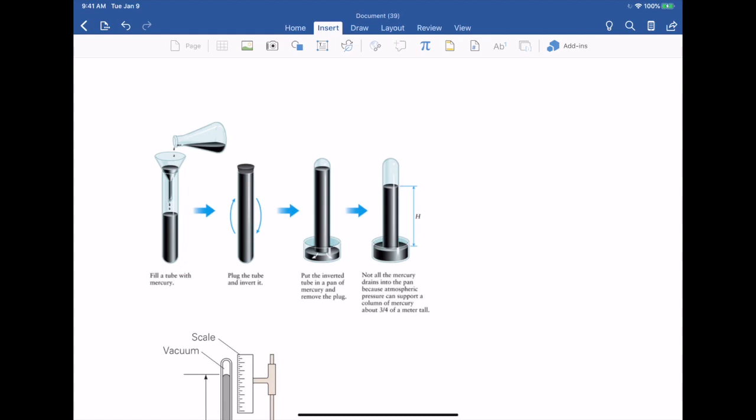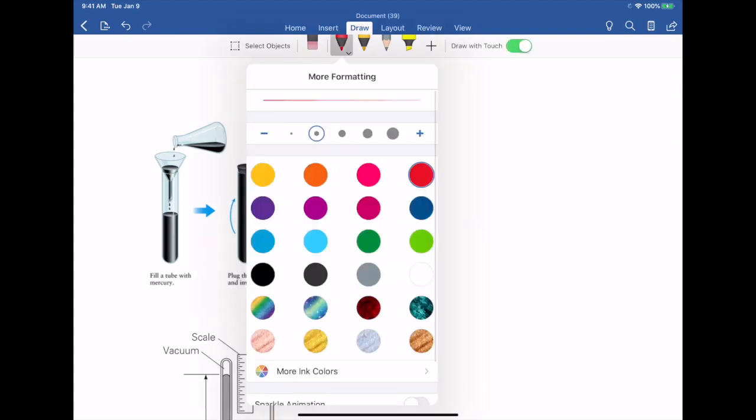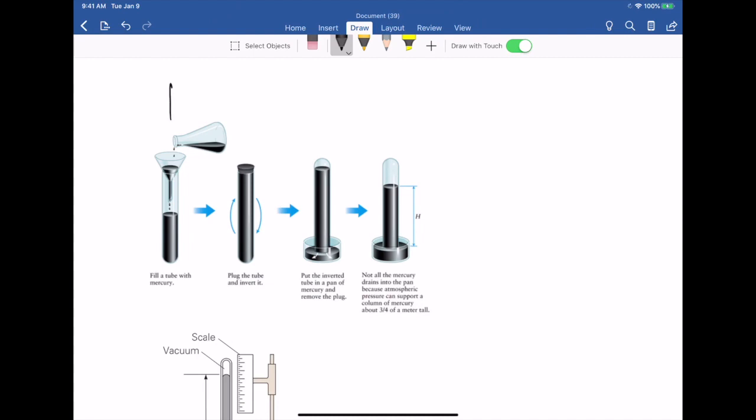So to understand a barometer, just imagine that you have a tube which you fill with mercury, like here. And once the tube is completely full, there's no air bubbles or anything, you plug the tube, invert it, and put it in a pan of mercury, right?